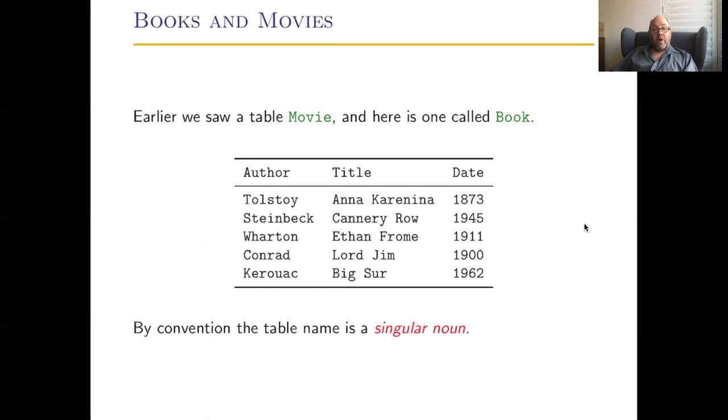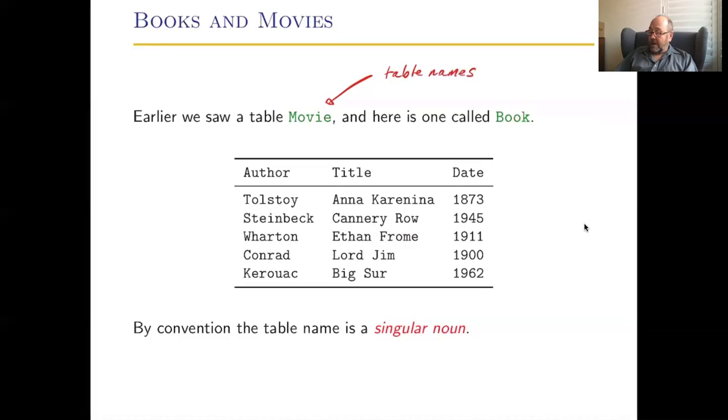So earlier we saw the table movie, and here is another table which I've called book. Now, to make things as easy and intuitive as possible, I'm going to try to stick to the convention that I use this green fixed width font for table names.